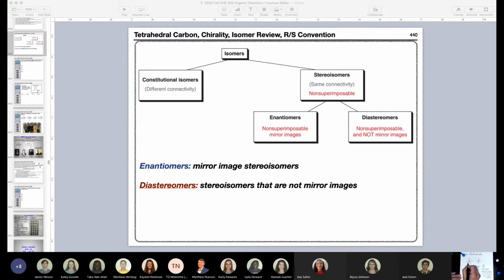So we have 1, 2, 3. So 1 going to 2 going to 3. That's clockwise. So this enantiomer is the R stereochemistry.